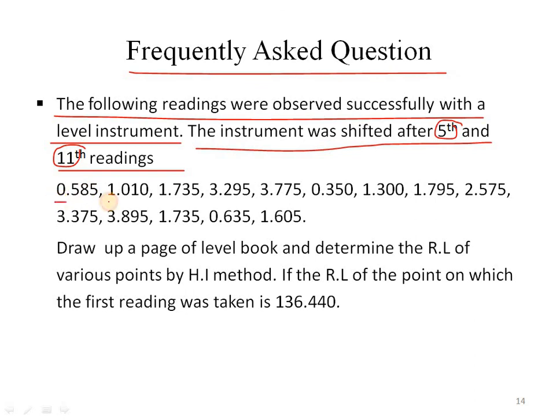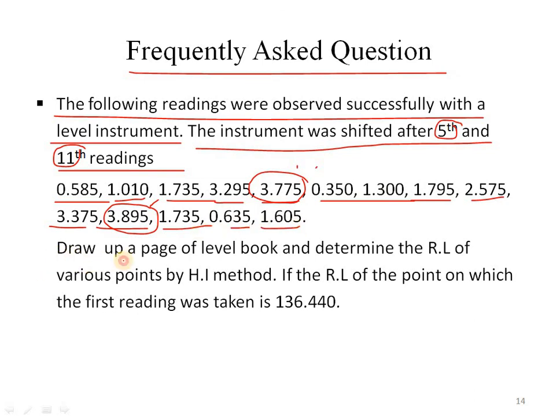It was given 0.585. So 1, 2, 3, 4, 5: this is the 5th reading where the instrument will be changed. So one BS and FS will be there, and again the 6th, 7th, 8th, 9th, 10th and 11th. Again the instrument will be shifted here, so BS and FS will be there. The last BS and FS will be there.